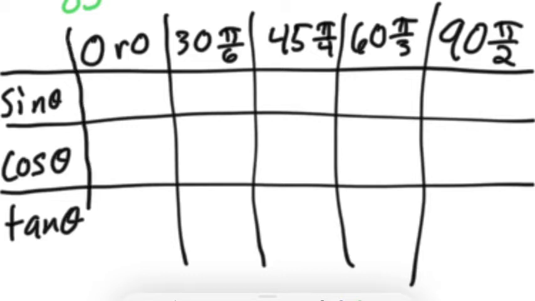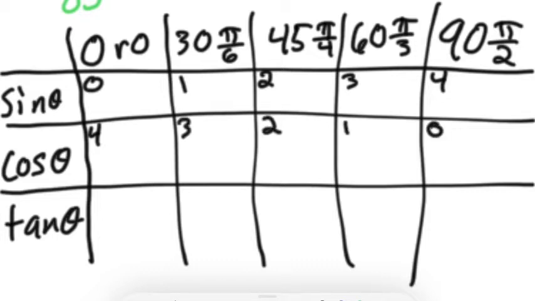So the steps are, in the first row where it says sine, you're going to label it 0, 1, 2, 3, and 4. In the second row, you're going to label it 4, 3, 2, 1, and 0. Your third step is to take the square root of all of them.